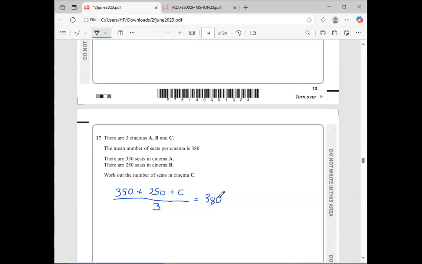Rearrange. So if you look at this equation properly, the first thing you will need to do is to take care of the 3.